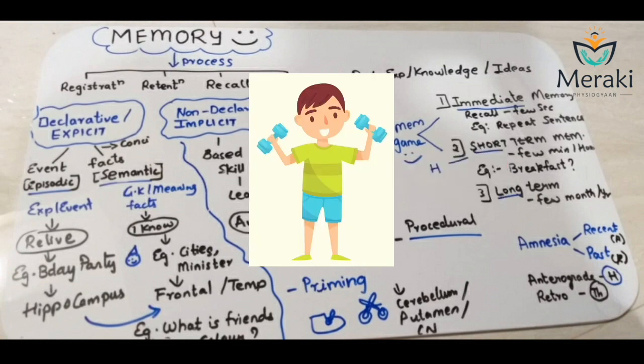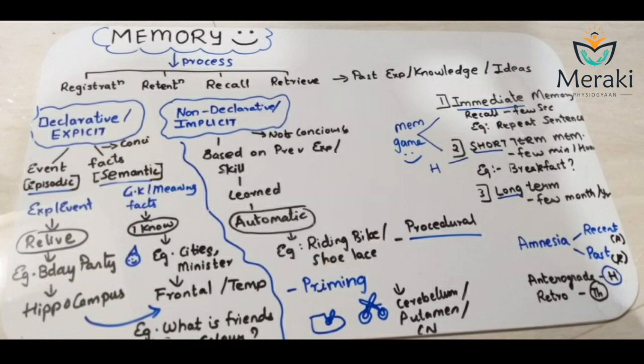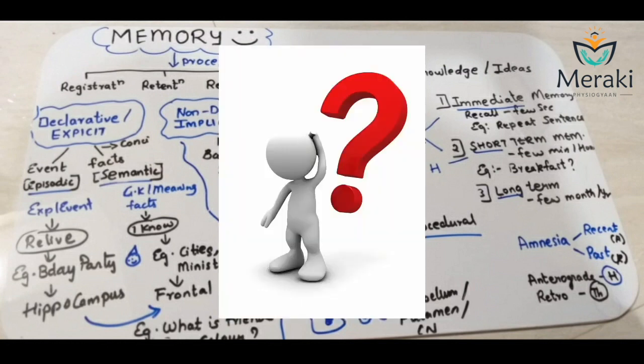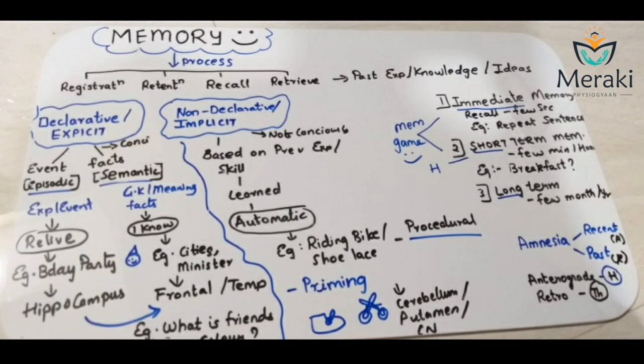That means his implicit memory is intact, but his episodic memory of what happened on Tuesday is affected. Whereas a patient whom you make do the same exercise with dumbbells every day, and he still asks you, madam, what do I do now? I can't recall. Okay, then there is a problem in the implicit area, and then you may check out the cerebellum putamen region.